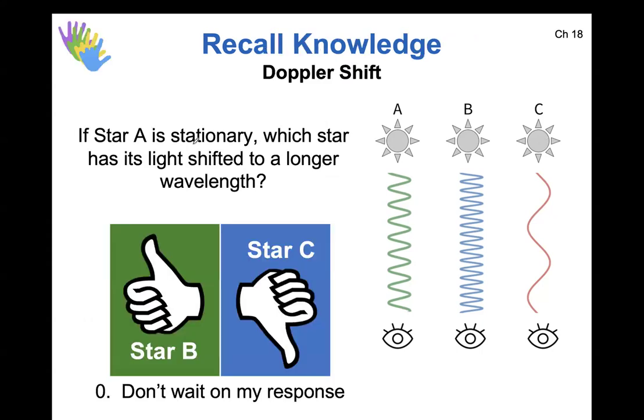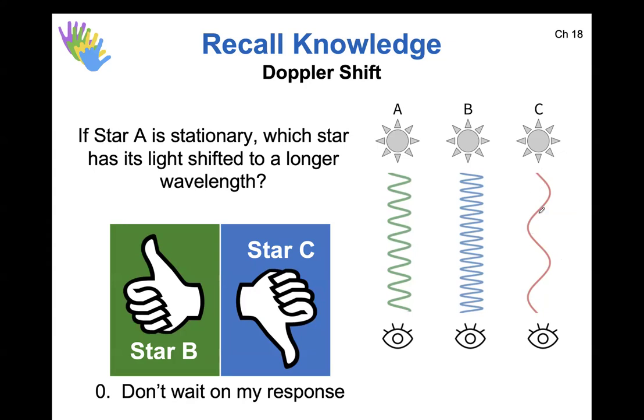And if we know that star A is stationary and producing its peak wavelength, kind of in the green color, which star has its light shifted to a longer wavelength? The one that is showing a tighter pattern, or the one that's showing the extended stretched out pattern? Well, not hard, as long as you remember what a wavelength is.